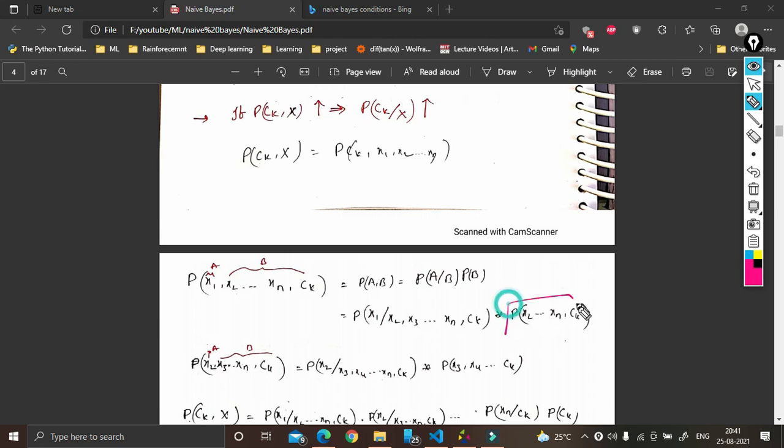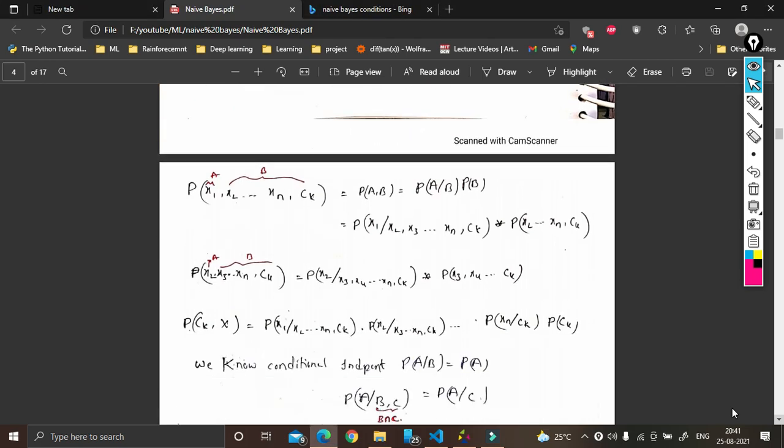Now we need to find this one, because these two look the same. In this, we consider x2 as a and the remaining things as b. This is like a chain equation.